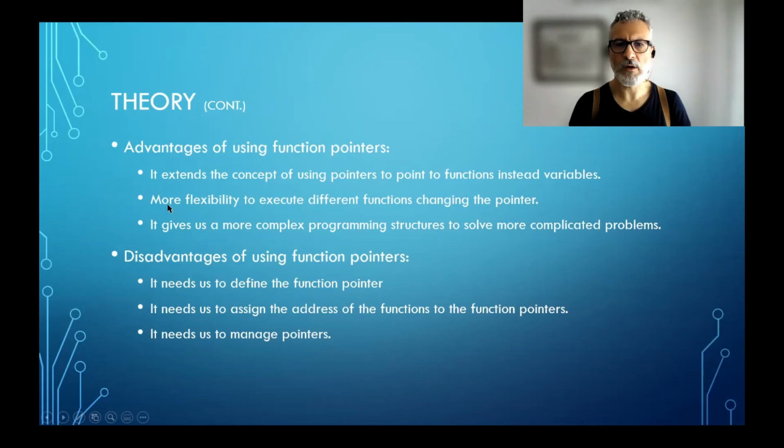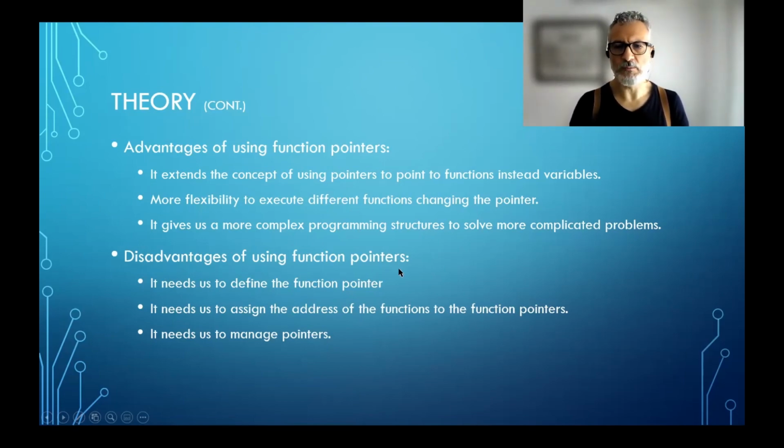It gives us more flexibility to execute different functions by changing the pointer. We can have the same code, and without changing our code, only by changing the address in the function pointer, we can execute different functions. It gives us a lot of flexibility working with functions. It gives us a more complex programming structure to solve more complicated problems. Okay, it's obvious.